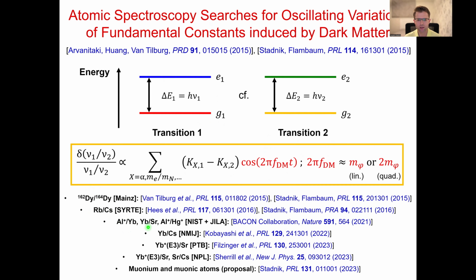And recently, I made a proposal that it's possible to utilize exotic atoms and their spectroscopy measurements to also search for, for example, the interaction of the scalar dark matter field with muons, by using data, for example, in atomic muonium, as well as a number of different muonic atoms.